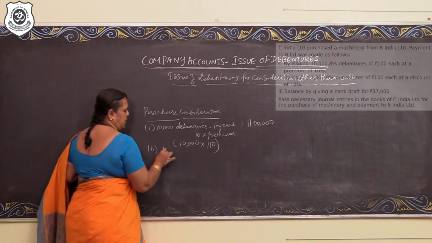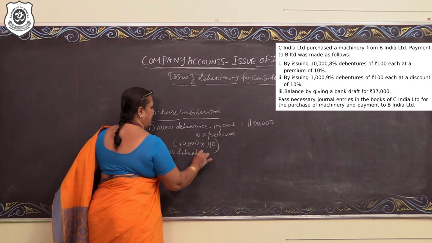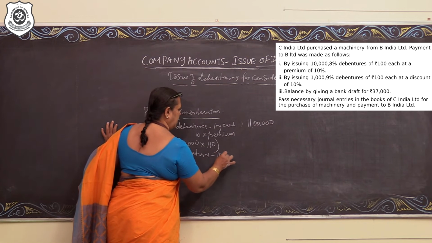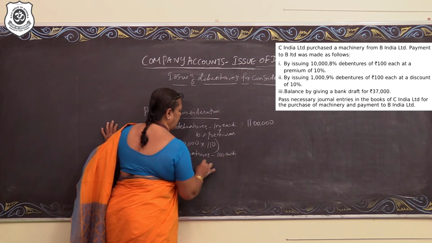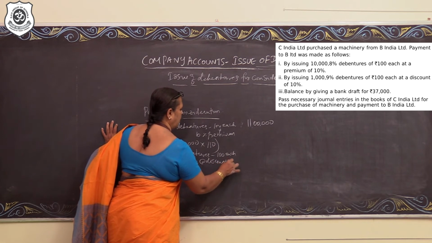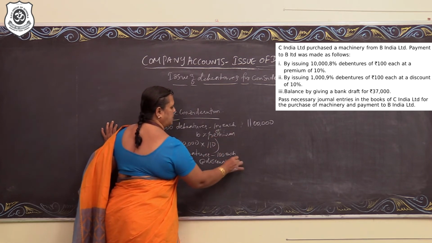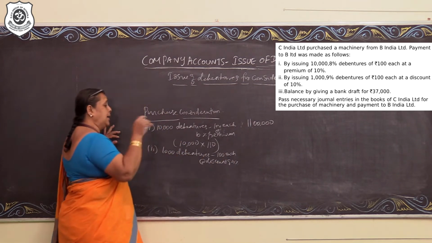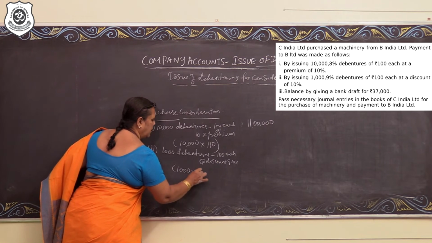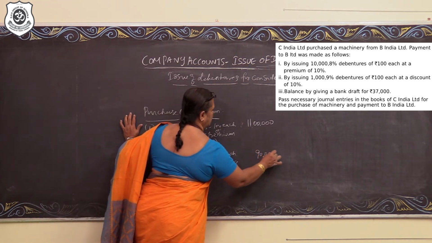Number 2 says 1,000 debentures at rupees 100 each, but at a discount of 10%. So, what happens here? The value becomes 90 rupees, which means 1,000 into 90 gives you 90,000 rupees.